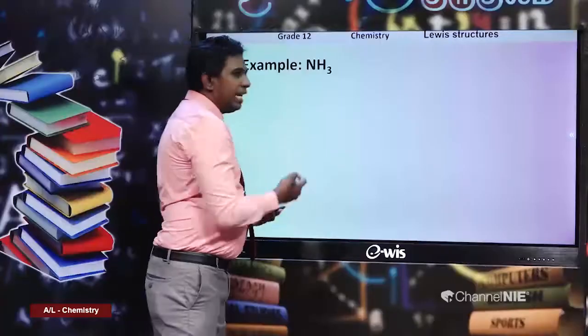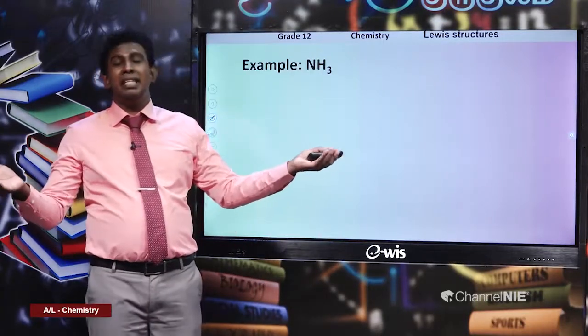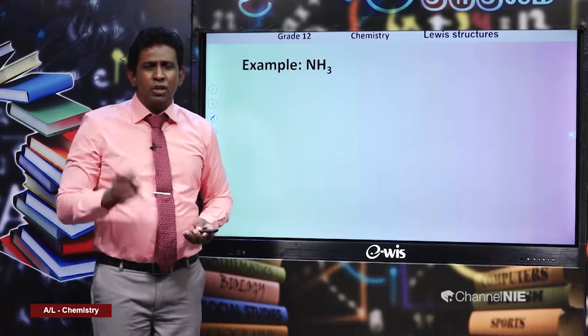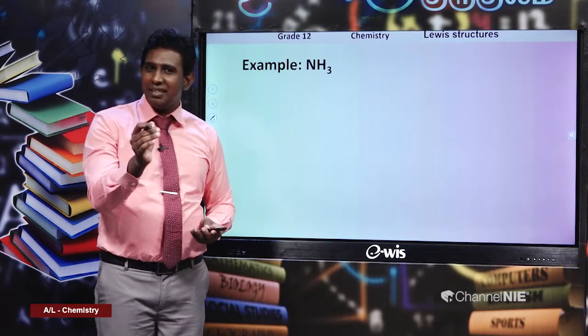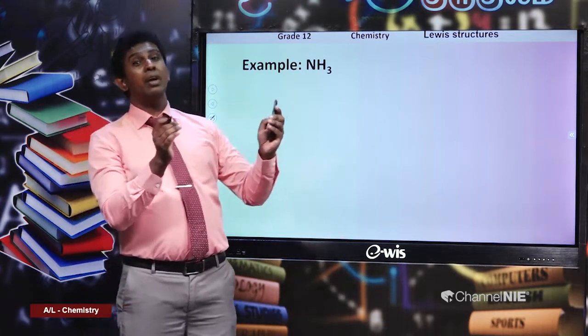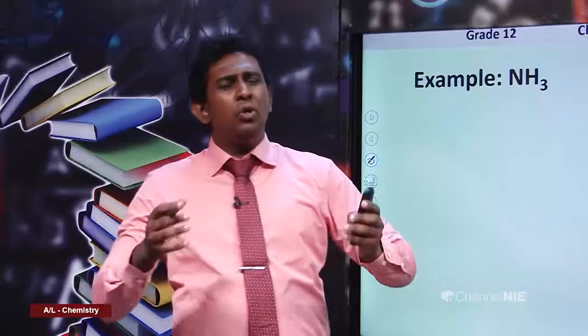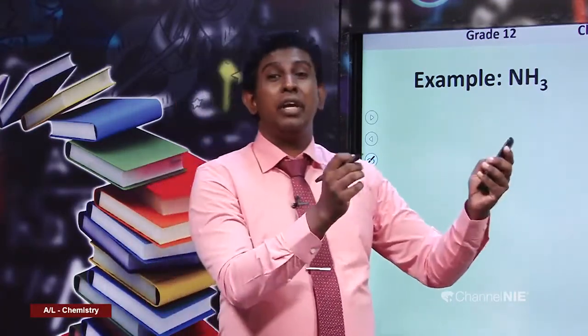Then students, whether it's the terminal or mid atom, it doesn't matter. You decide where to place the lone pairs first. It has to be the most electronegative atom. You need to start with the most electronegative atom.